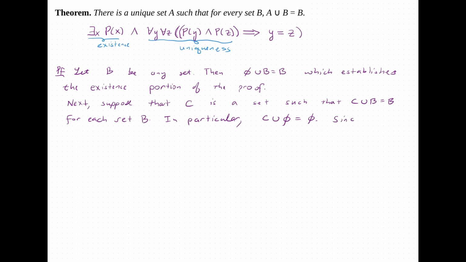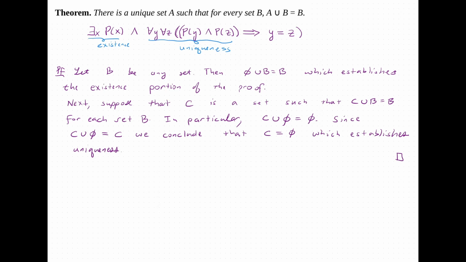And now, since C union the empty set is equal to C, we conclude that C is equal to the empty set, which establishes uniqueness. And so we are done.